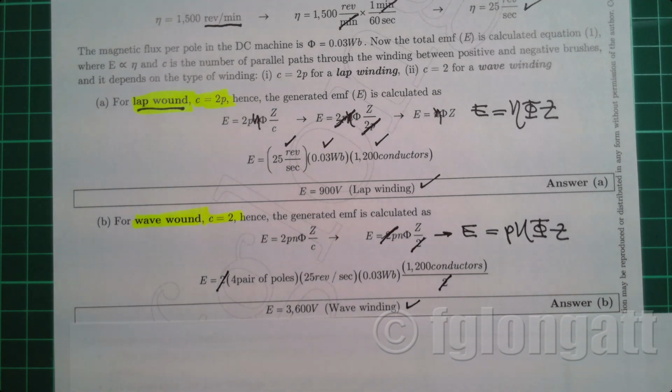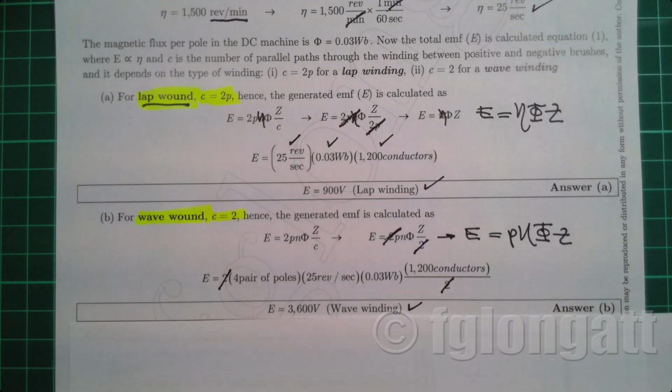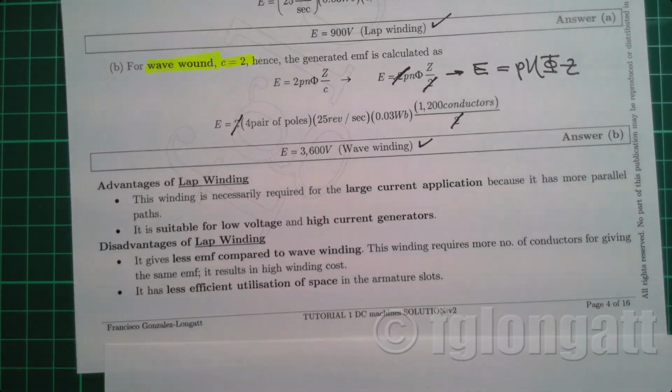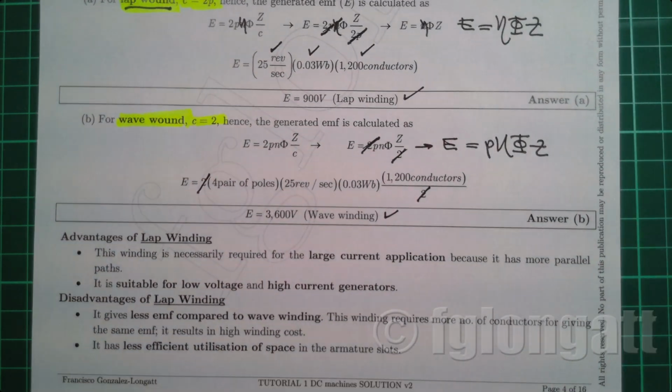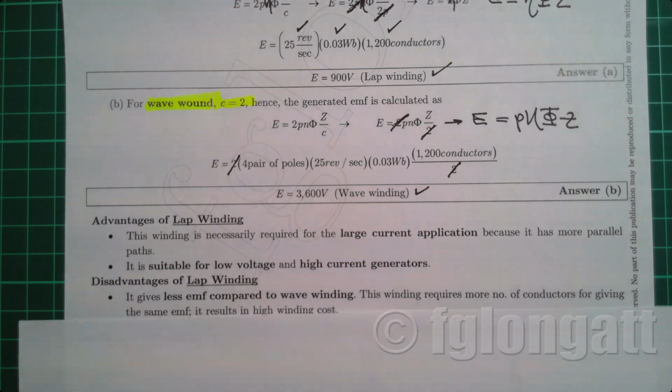So as you can see, there is a massive difference between the lap wound and the wave wound. And this is because there are different ways to construct the winding, and those constructions create different electrical, mechanical, and magnetic properties. However, what is important here is the conclusion.